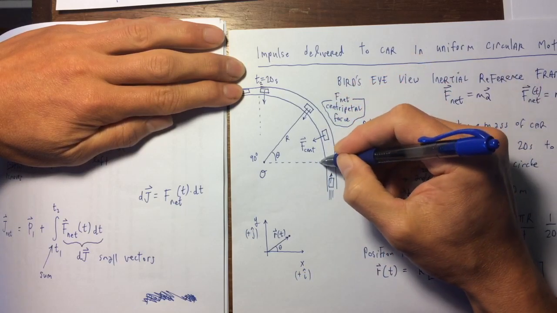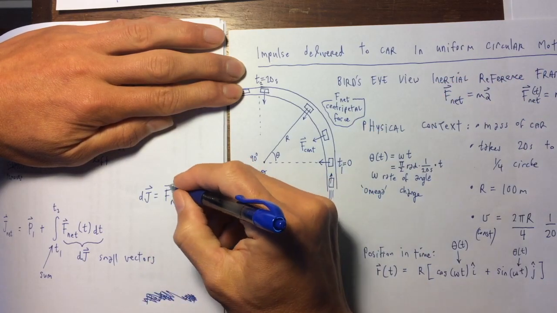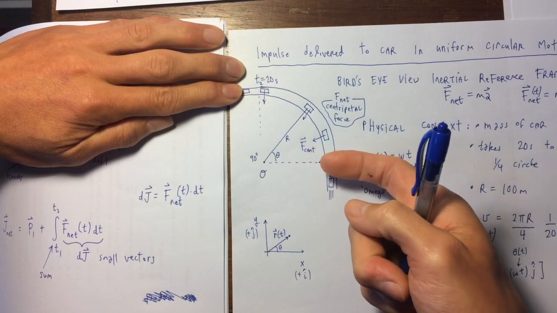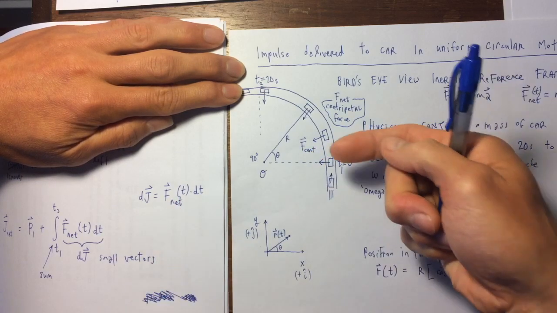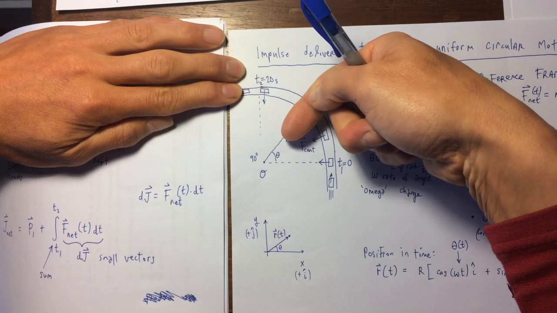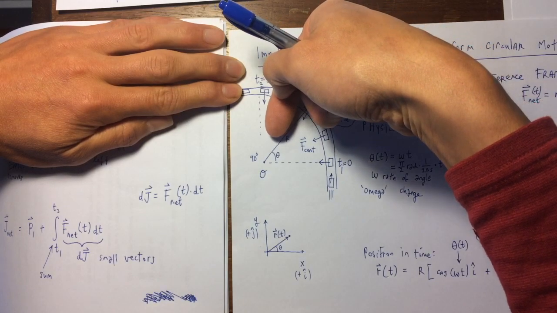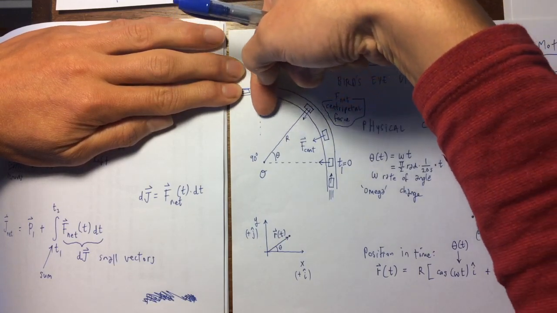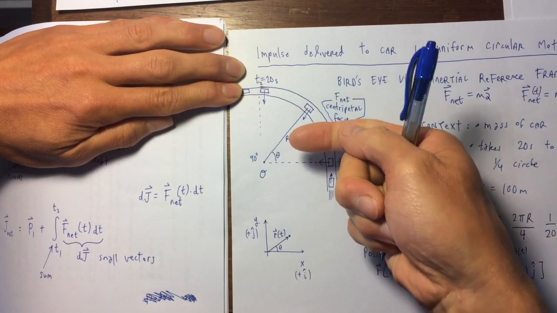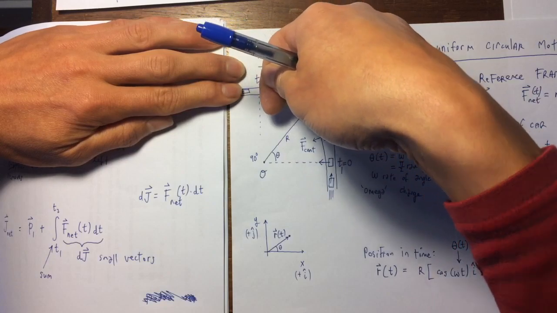So early on it points towards the left. So this little vector dj is a leftward pointed vector. And then a little bit later in time it points a little bit down to the left, more down, less to the left, even more downwards and even less to the left. And at some point it becomes purely downwards. So this is a bunch of little tiny vectors adding up that way.